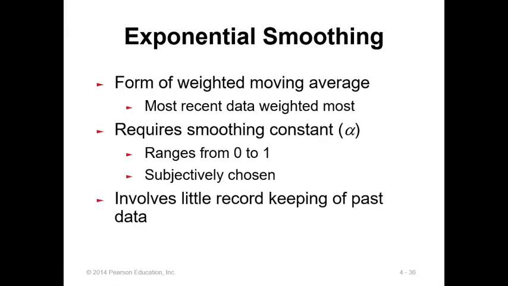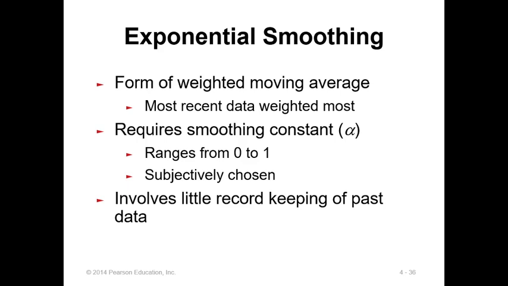Unlike the third method, which is exponential smoothing. Exponential smoothing is similar to the weighted moving averages, but with less data needed. It means that you don't really need intensive data. Here we will use alpha as the smoothing constant, or sometimes we call it the smoothing factor, or the weighting factor, which is alpha.